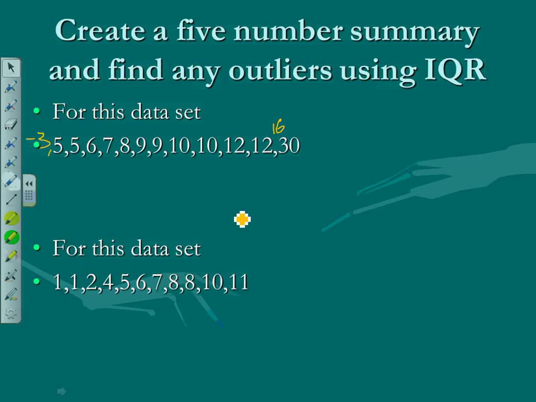We'll see if this works out nicely. Okay, so we got -3, 5, 5, 6, 7, 8, 9, 9, 10, 10, 12, 12, 16, and 30.